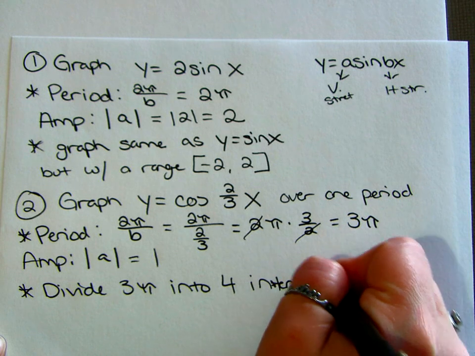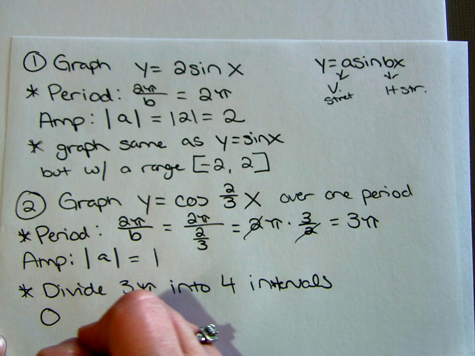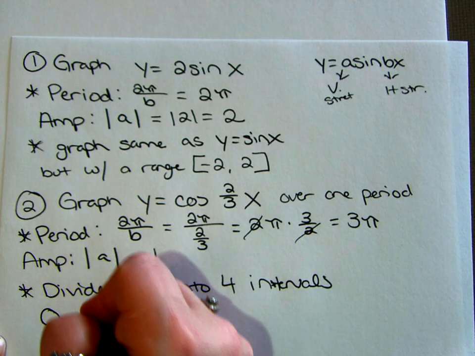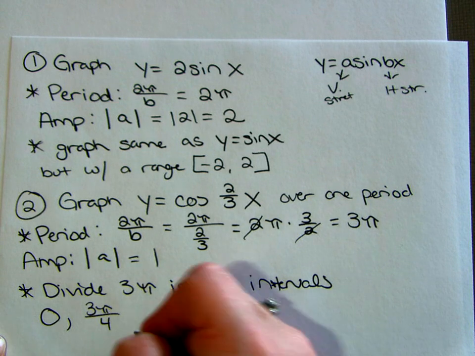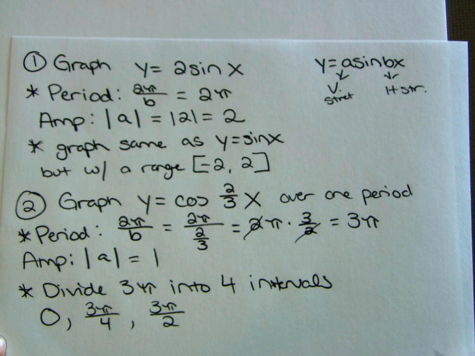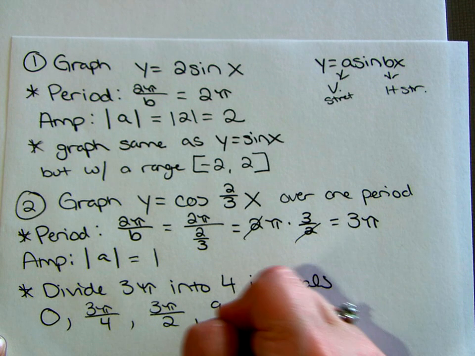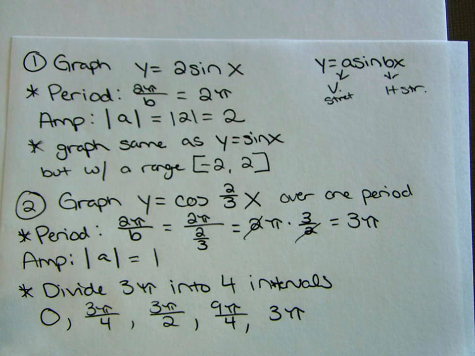So that means we start at 0. Our next interval will be 3 pi divided by 4. And then 3 pi divided by 2. 9 pi divided by 4. And 3 pi. You always want to start with 0, and you want to end wherever your period is supposed to end.